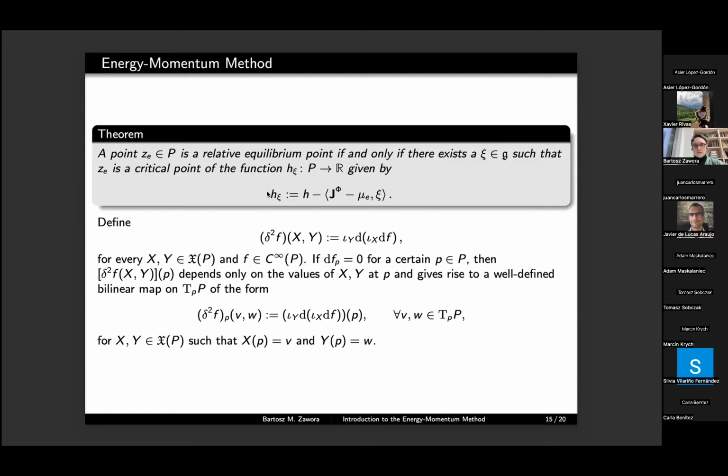I didn't define the notion of regular value, but we don't need the momentum map to be a submersion. A weak regular value is enough to guarantee that this theorem works, which means that the level set of the momentum map is a submanifold of the initial manifold, and that the kernel of the tangent of the symplectic momentum map is given by the tangent to the level set of the symplectic momentum map.